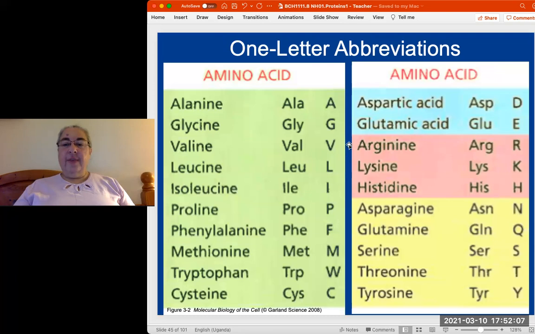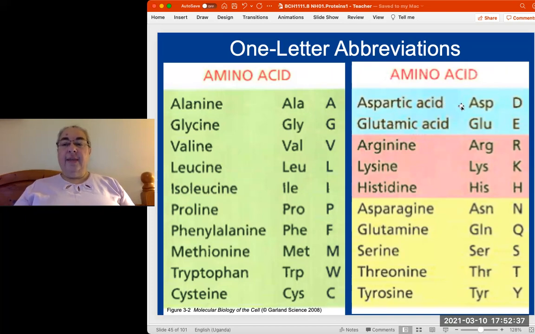And here the abbreviations become a little bit less obvious because many amino acids start with the same letter: alanine, arginine, asparagine, aspartic acid, for instance, all begin with A. So alanine has the letter A as its abbreviation, but aspartic acid, which also begins with A, actually has D as its abbreviation.